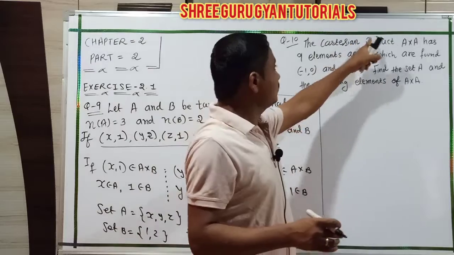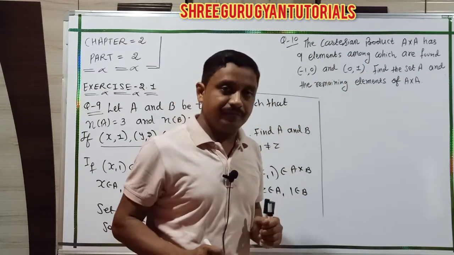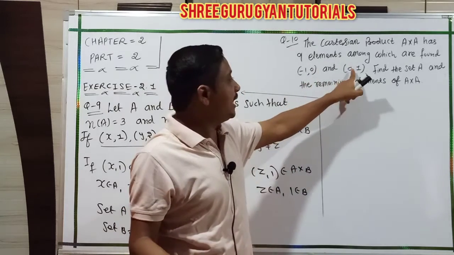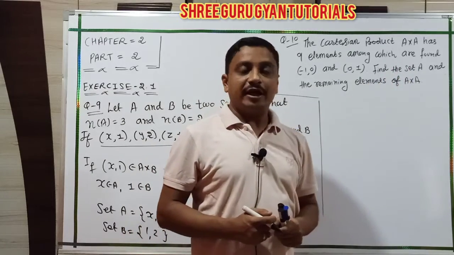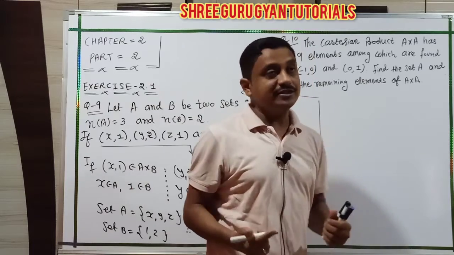Now I am going to question number 10. For the Cartesian product A cross A, the total number of elements is given as 9, and some elements are given: (-1, 0) and (0, 1). Find the set A and also the remaining elements of A cross A. So it's very easy.